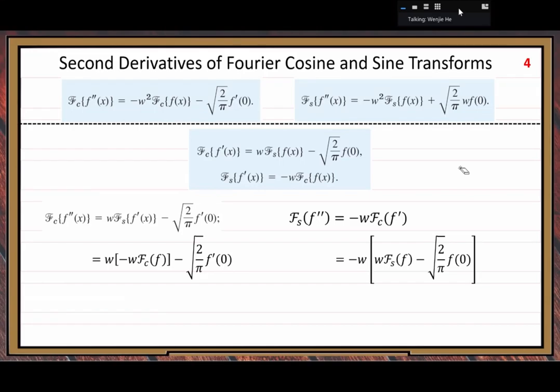The more convenient way is to integrate these two transforms into one unified formula, and that's the Fourier transform.